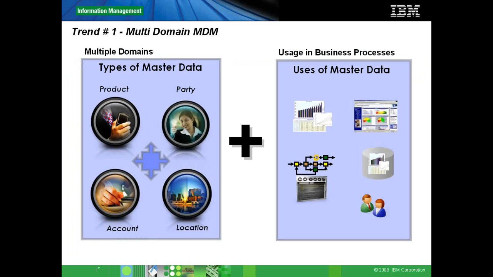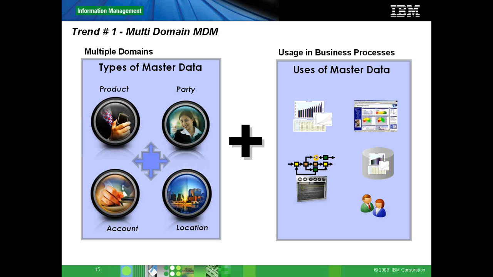One of the important trends we have seen in the last couple of years is the ability to support multiple domains in an MDM system. Now, this is not fairly new as such, but this has been there for a while. When I say multi-domain MDM, what I mean is the ability to manage multiple types of master data such as product, party, account, location, as well as the relationships among these domains.